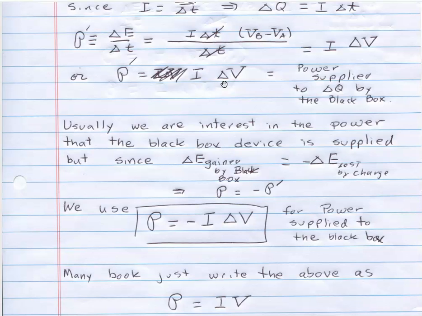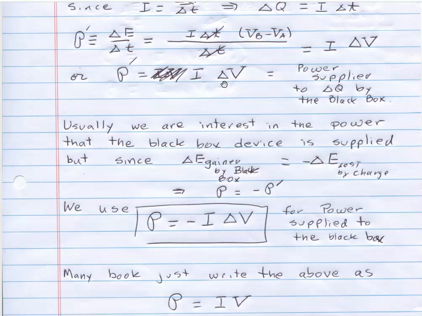That's okay insofar as we go here, but we're usually interested in the power that whatever that device is gains or loses. If it's a battery, we want to know how much power that battery is supplying. If it's something that's using the power, we'd like to know how much is used.